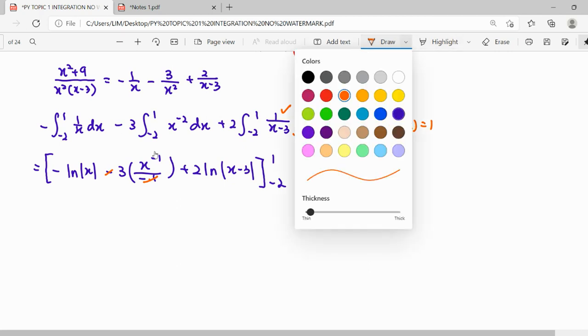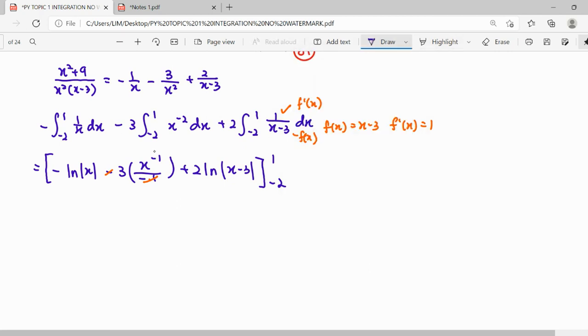Okay, so after I simplify it, then I substitute. When we have an upper limit and lower limit, we won't add plus C. If the question doesn't have limits, then we add plus C. If the question is a definite integral, with upper limit and lower limit, we don't have plus C here. Okay, so if we have limits, we substitute the upper limit, substitute 1 into everything, and then minus the substitution of -2.